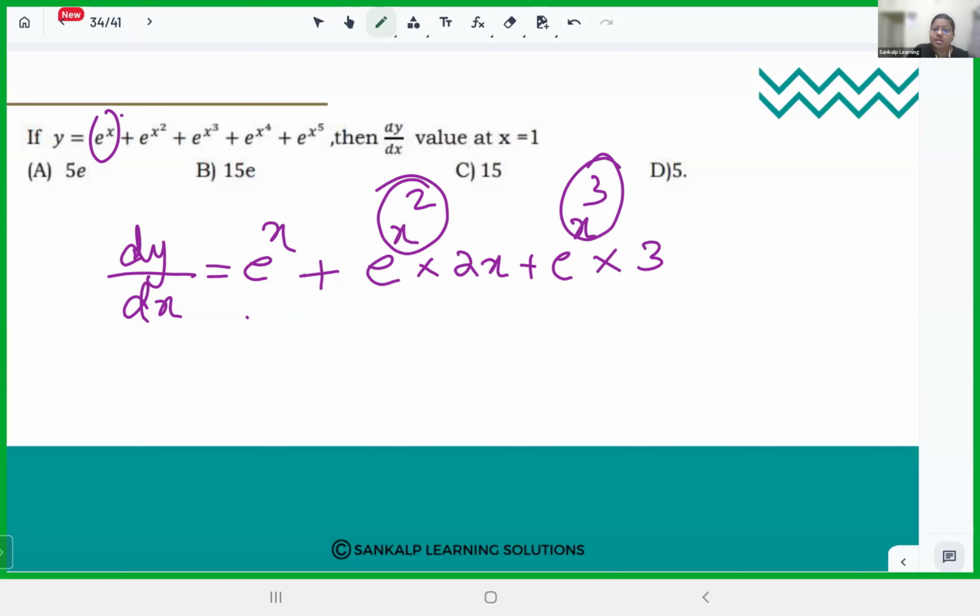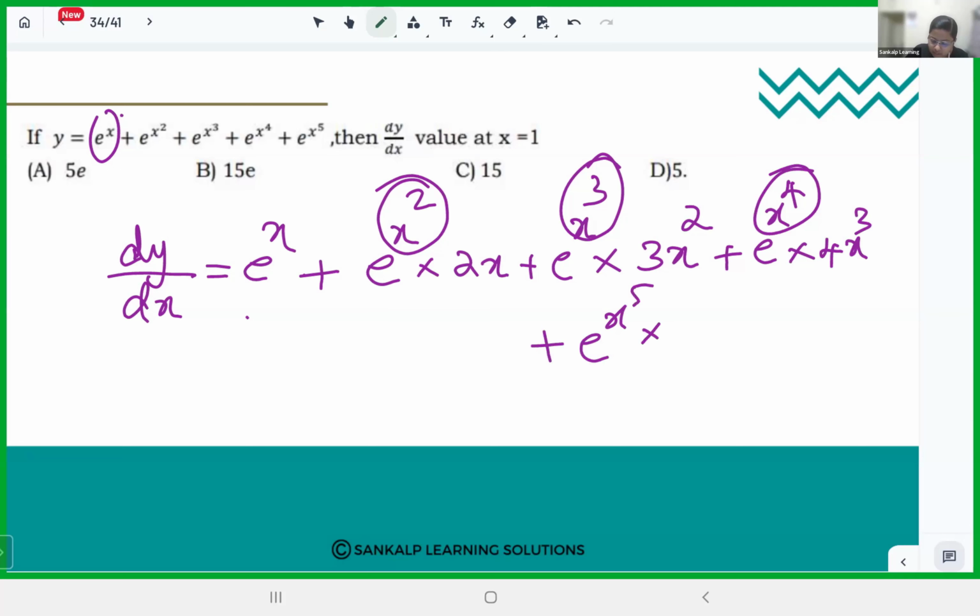It is of the form x raised n, so the derivative is nx raised n minus 1. Here n is equal to 3, so this will become 3x raised to 3 minus 1, that is 3x square, right? Plus e raised x raised to 4 into, here we are assuming x raised to 4 as x, so the derivative is 4x cube. Plus e raised x raised to 5 into 5x raised to 4.